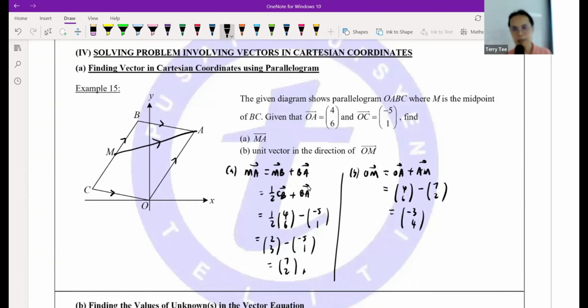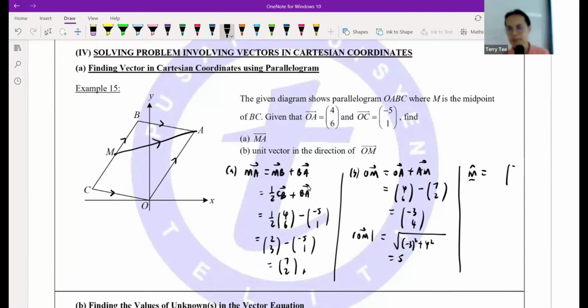And remember, a unit vector is a vector divided by its magnitude. The magnitude of OM is the square root of (-3) squared plus 4 squared, which gives us 5. For the unit vector of OM, I can just write OM with a cap. Take this vector (-3, 4) and divide by 5. Normally we don't divide by 5, we multiply by 1 over 5. If you multiply inside, you should get this answer.